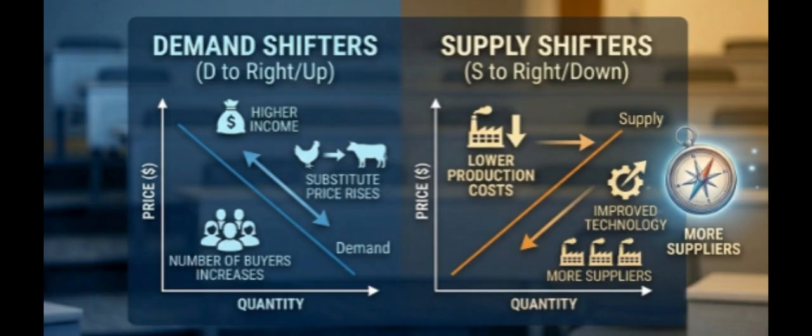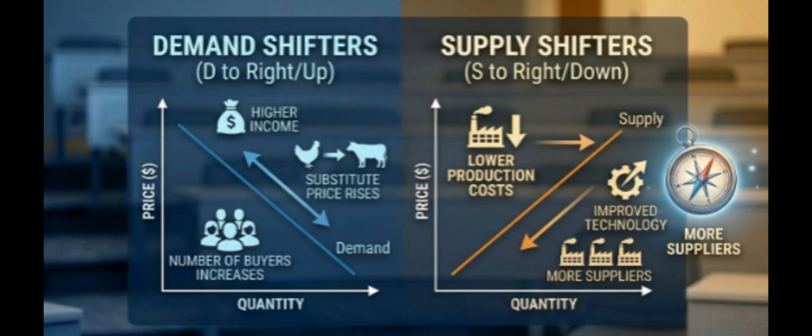The following exhibit separates the shifters into two panels using the established curve colors, a blue D and an orange S. Icons show increase in D shifters, for example, higher income, more buyers, substitute price rises, moving the blue D curve on the left panel.